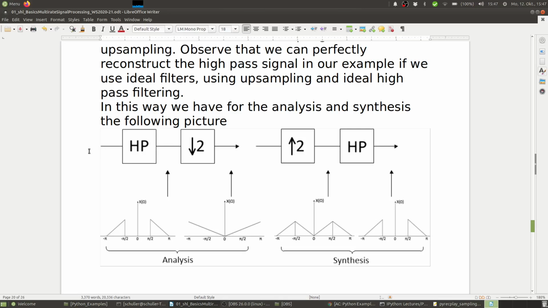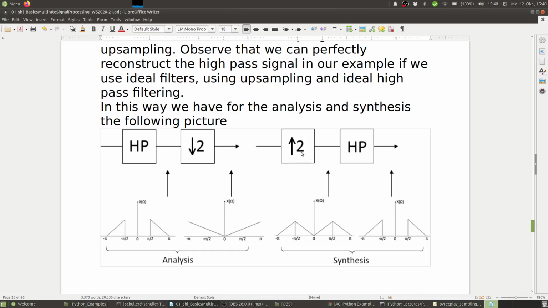Here on the left, we have our encoder. In this case, we have a high-pass part, which just keeps the high frequencies. Even though they are high frequencies, we can downsample by this factor of 2. We keep this middle frequency range, which consists of the mirrored spectral components.